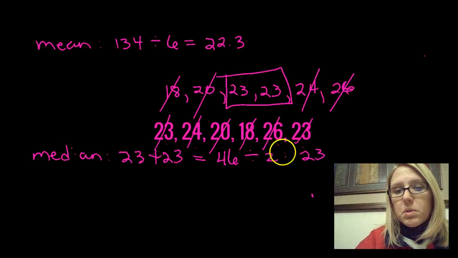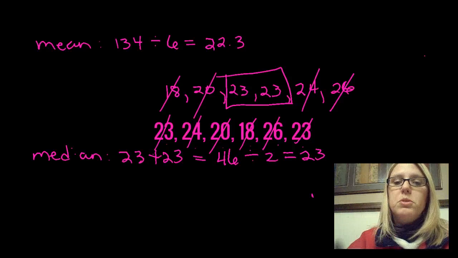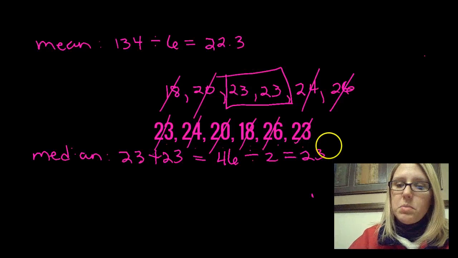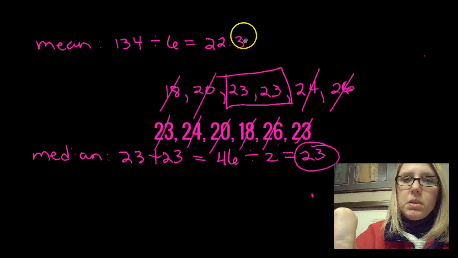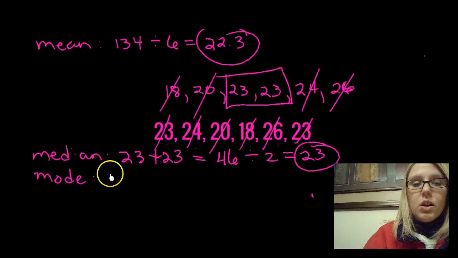If they were not the same number, it would be the number that's in between the 2 numbers that you just squared. So here we have the median being 23, the mean being 22.3, and the mode, which is the most frequent number, which also happens to be 23.